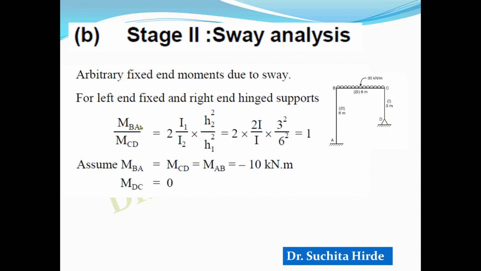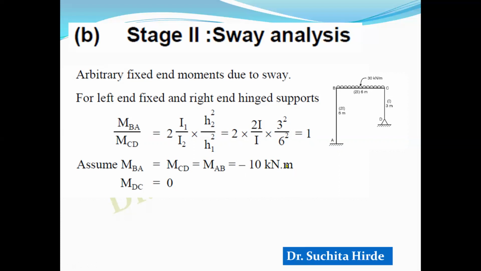So we can assume any moment in ratio of 1. Either you can assume 10 10, 20 20, 30 30, 40 40, anything, but ratio should be 1. So here I am assuming minus 10 kilonewton meter. Why minus?